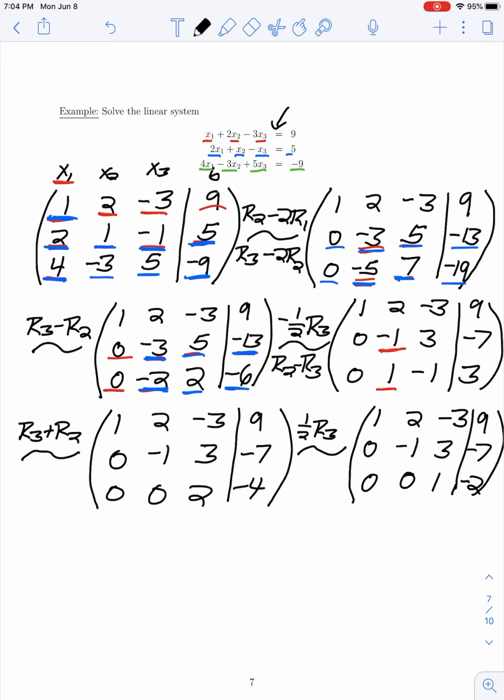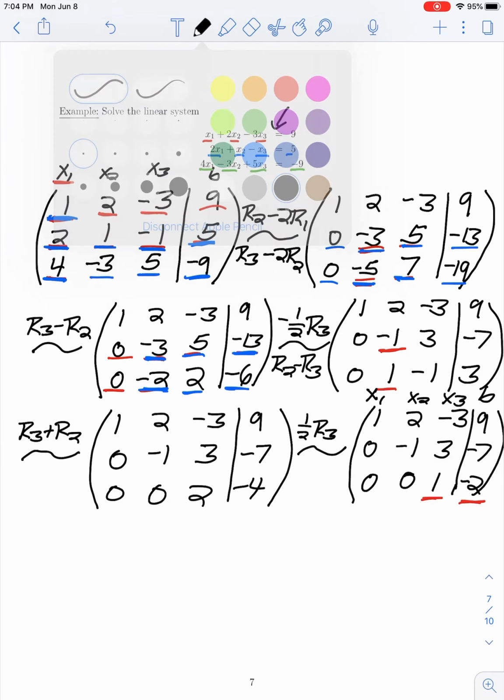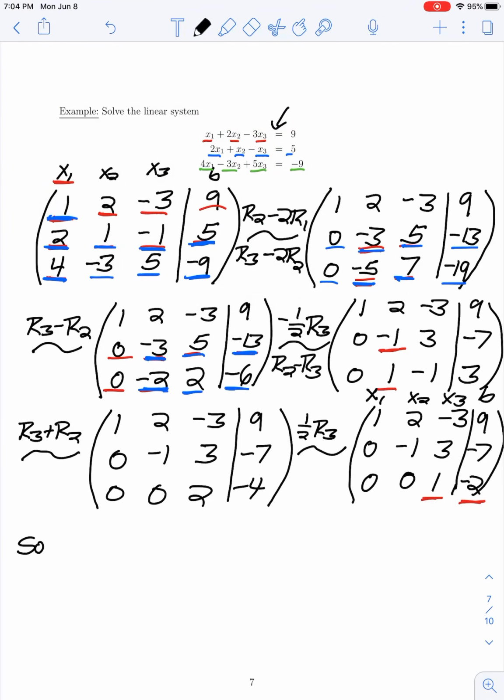Remember, these are just equations where the columns are the coefficients for x1, x2, and x3 in each equation, and the right-hand side is this column vector of constants b. So what our last equation says is that 1x3 is equal to -2, or in other words, x3 is immediately -2.